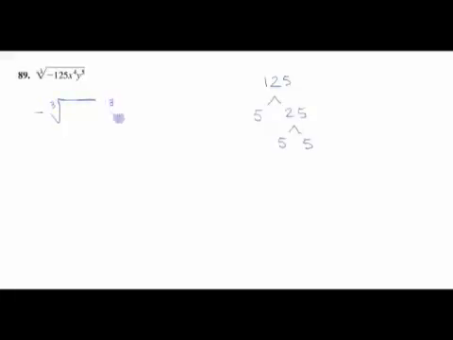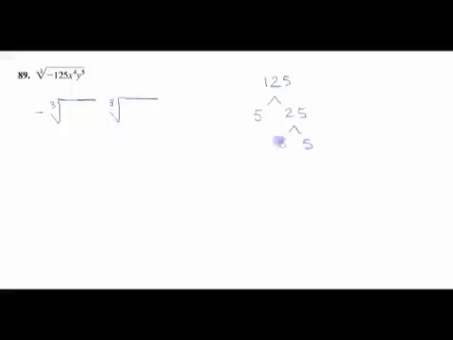Cube root of negative 125 x to the fourth y to the fifth. Well, my 125 is 5 times 25, and 25 is 5 times 5. So first I know that when I'm taking the cube root of a negative, I'll end up with a negative. And let's break up our radical into a perfect cube root and the leftover cube root.